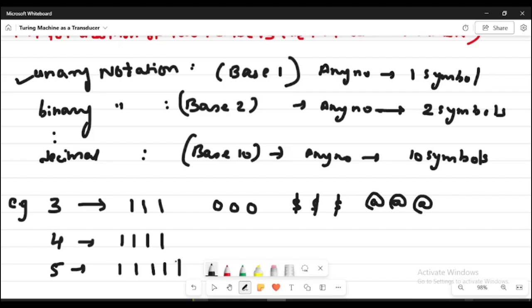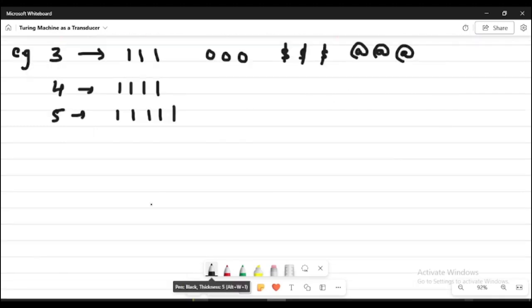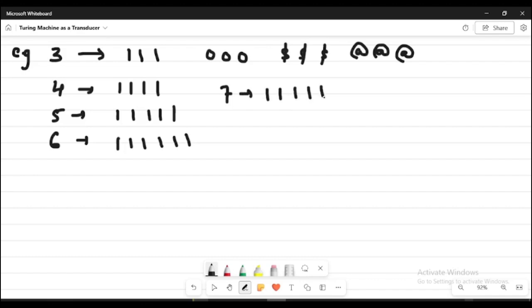Likewise, to represent 6 in unary you take 6 ones: 1 2 3 4 5 6. To represent 7 you use 7 ones: 1 2 3 4 5 6 7. When you repeat 1 seven times, it becomes 7.